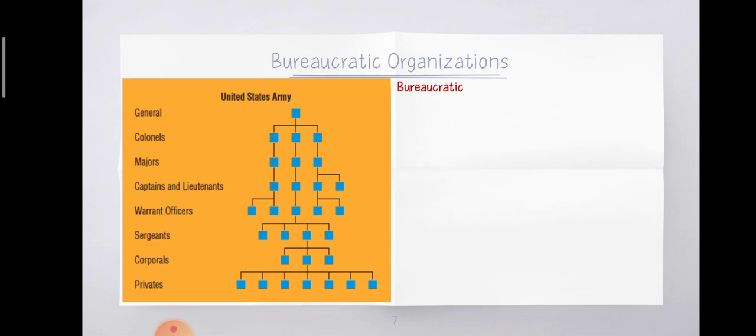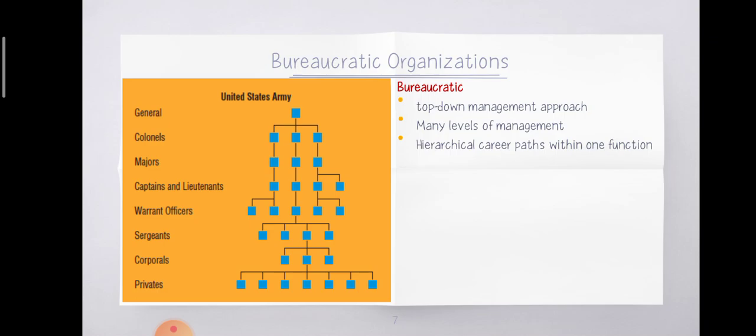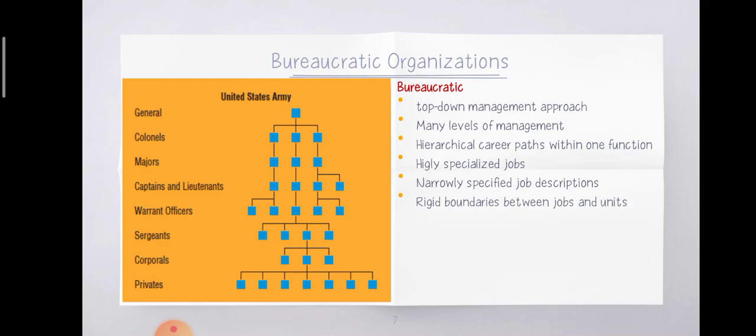Now, here are the key characteristics of bureaucratic. Top-down management approach, many levels of management, hierarchical career paths within one function, highly specialized jobs, narrowly specified job descriptions, rigid boundaries between jobs and units, employees or individuals working independently. Okay?